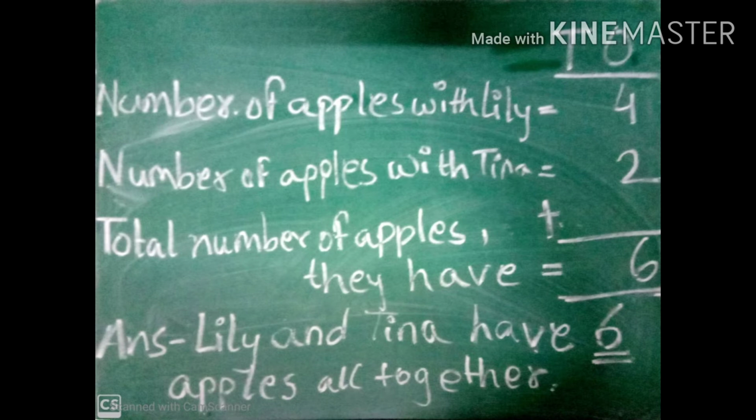So 4 plus 2 is 6. Both the numbers are in the ones column, so we add 4 ones and 2 ones. That means our answer is 6 ones. So we will write 6 under the ones column.